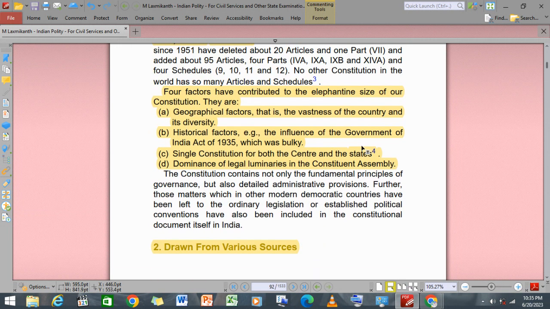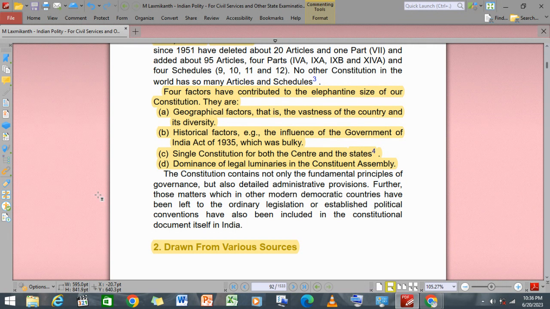So let's move forward. We have four factors that contributed to the elephantine size of our constitution. They are the geographical factor, that is the vast size of the country and its diversity. The historical factor, that is the influence of the Government of India Act of 1935, which was bulky, and a single constitution for both center and state, and the dominance of legal luminaries in the constituent assembly. So these are the four factors due to which India's constitution is of elephantine size.